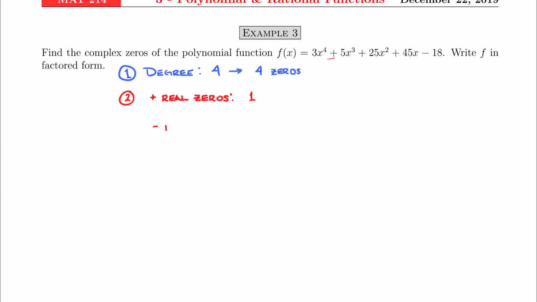And then for the negative real zeros, we take our function and we evaluate it at negative x. So let's do this.